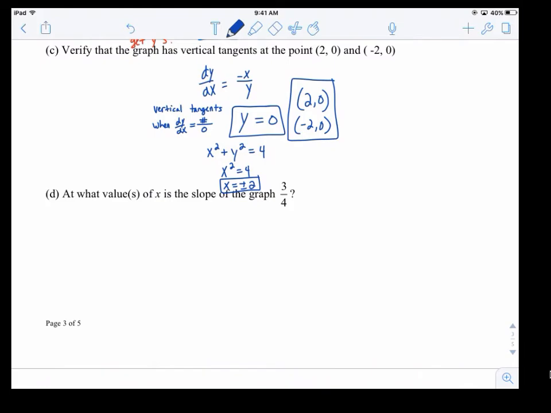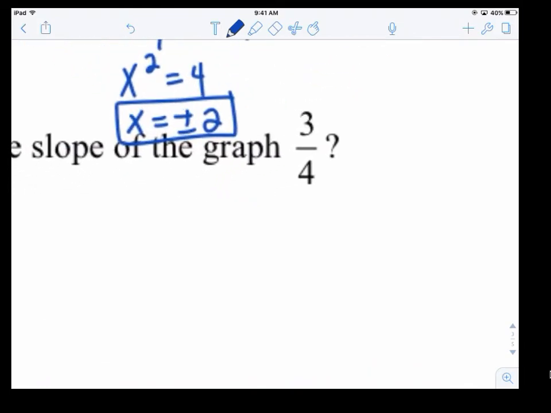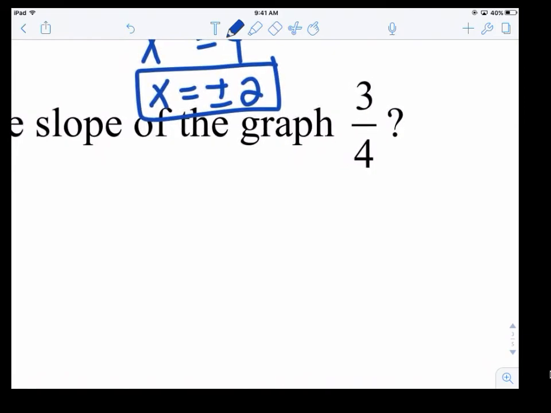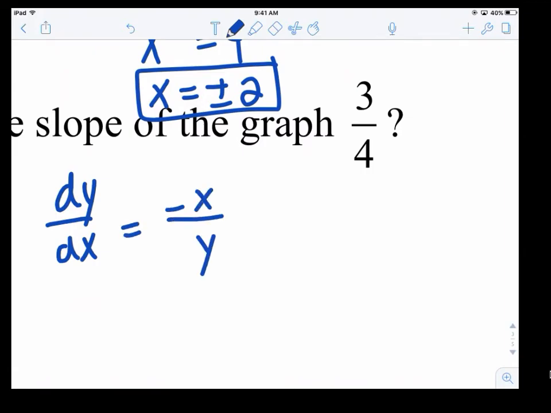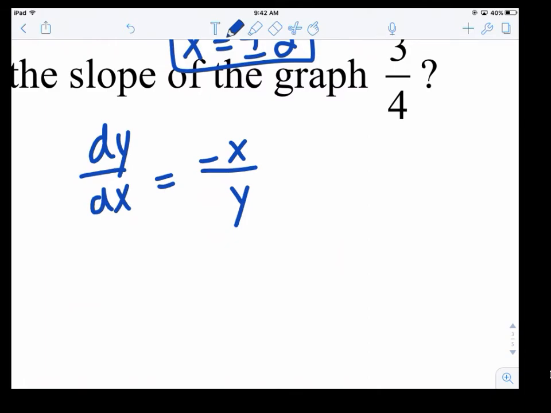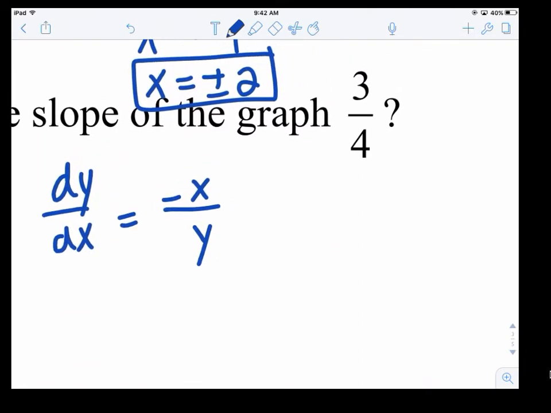All right, so at what values of x is the slope of the graph 3 over 4? We figured out that dy over dx is equal to negative x over y. And this is telling me that I have a slope of 3 over 4, correct? So what would the values of x be that are going to give me that? So x would have to be negative 3, and then y would have to be what?